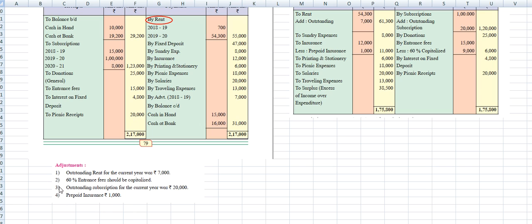The second adjustment is that 60% of the entrance fees should be capitalized.